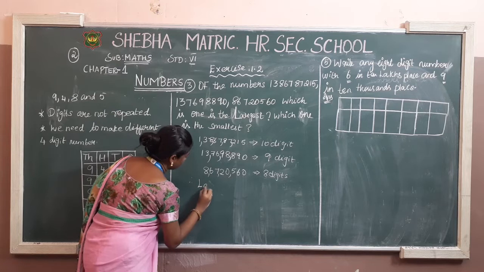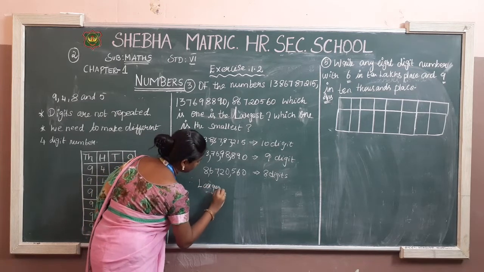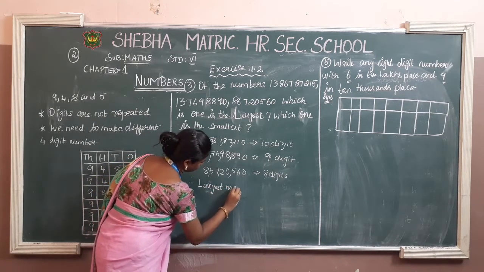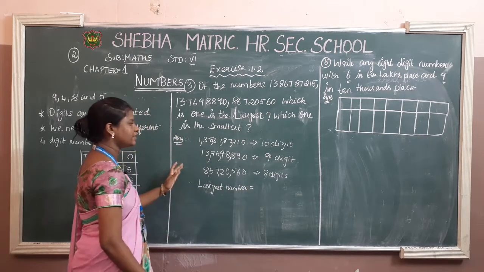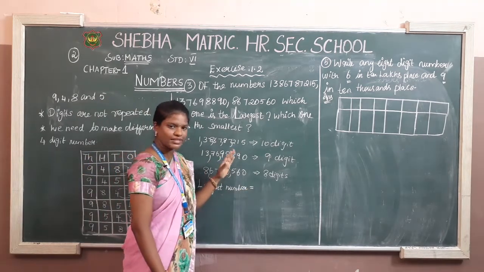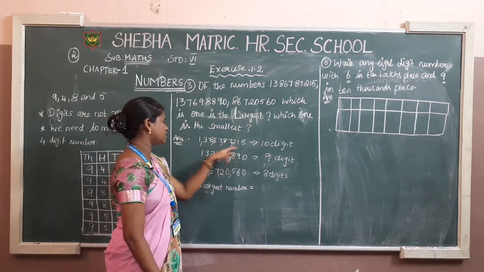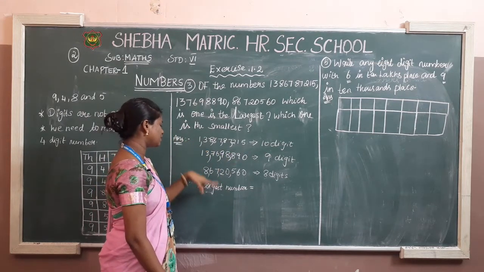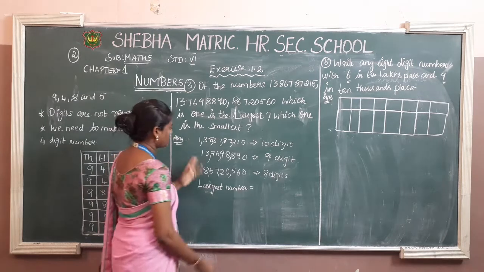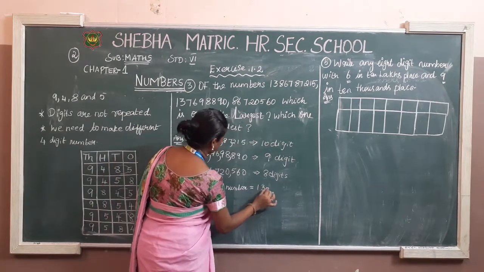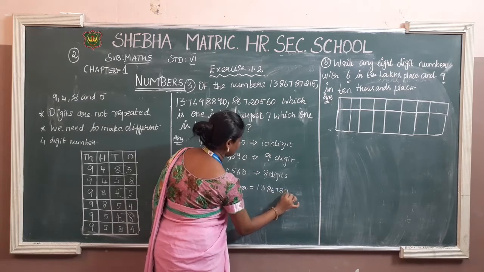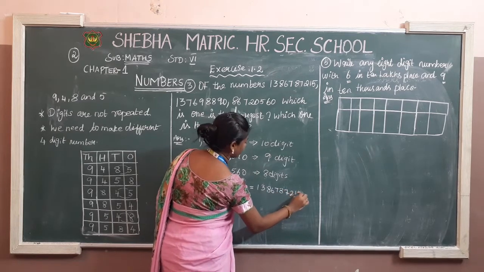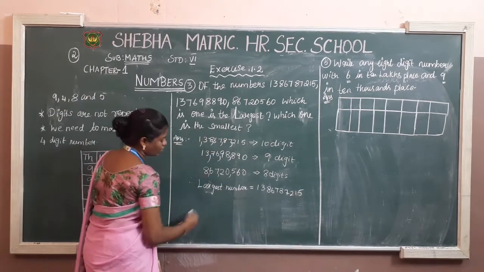Therefore, which is the largest number? We have already learnt that the number with more digits is the greater. So which has more digits? This one has more digits. So this is the largest number: 1 3 8 6 7 8 7 2 1 5. So this is the greatest, largest number.